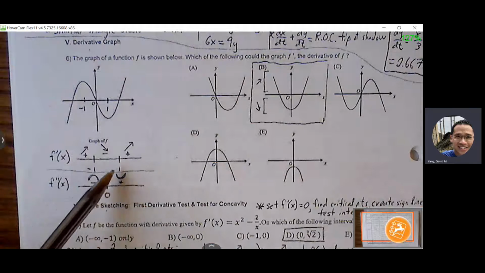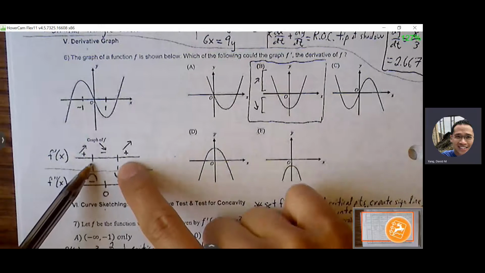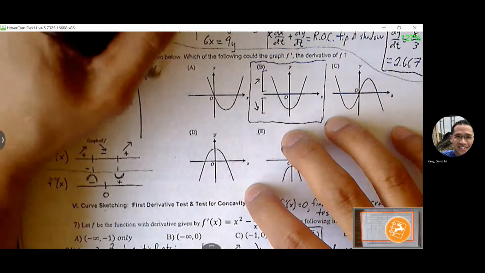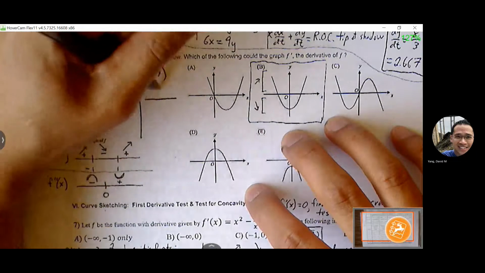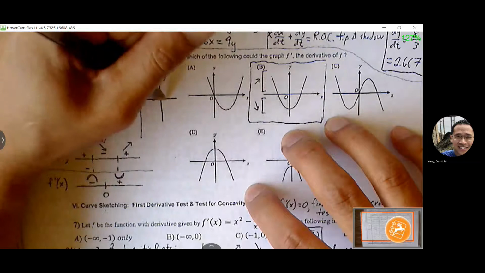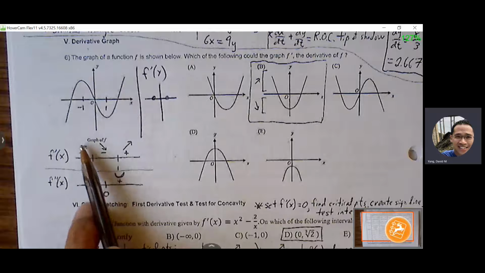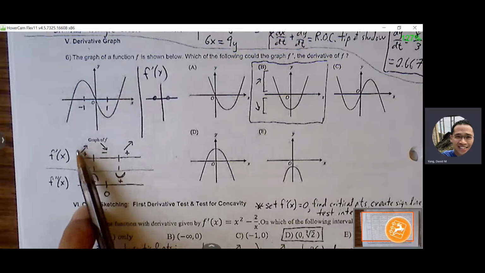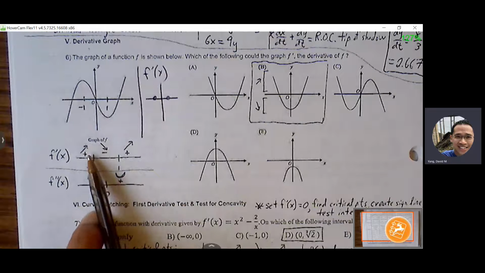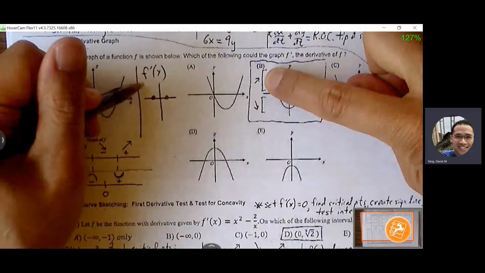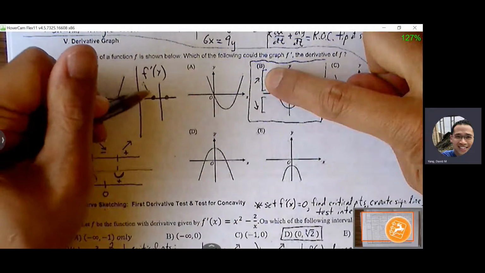Well, I know that my x-intercepts must be at -1 and 1. To the left of -1, I'm expecting a positive slope. Positive slope is going to have to live above the x-axis. So if it's above the x-axis, it's going to have to come down to this point, like an anchor point here.